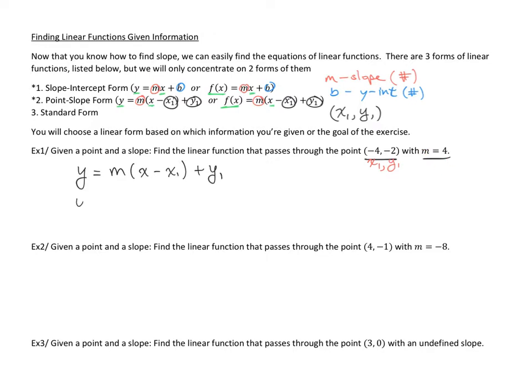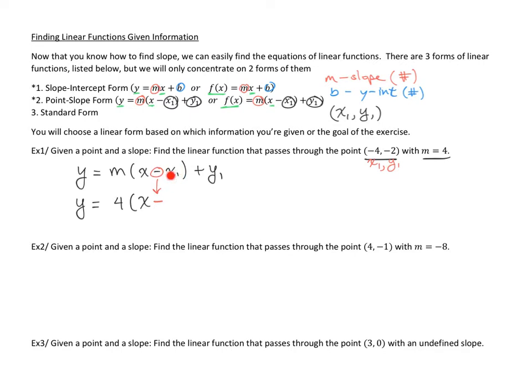So I'm going to write y equals 4 times x, and now we have to substitute some numbers in for this x1 and y1. So before we do that even, I want you to pay close attention to this minus sign. This minus sign will always be here. We may have to simplify it, but we'll see what happens.